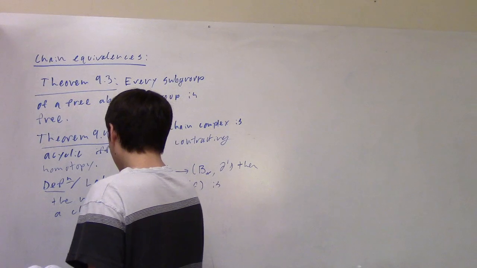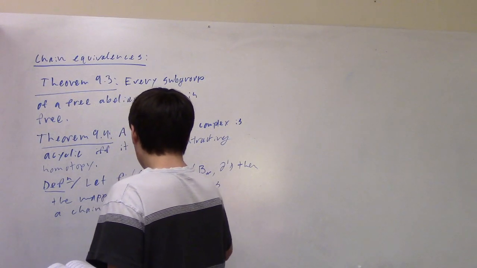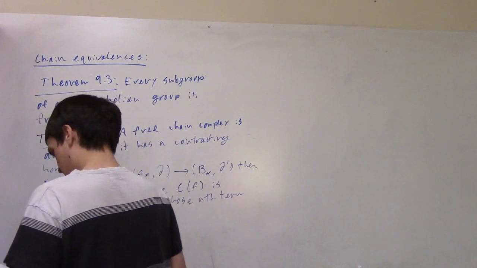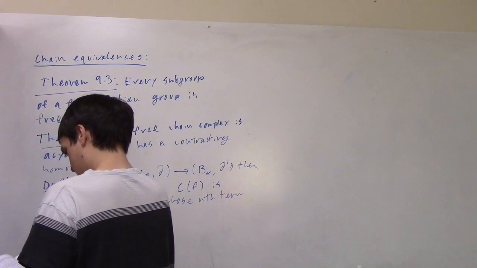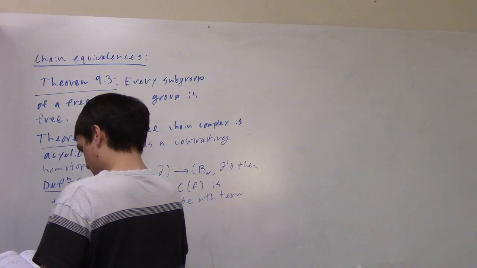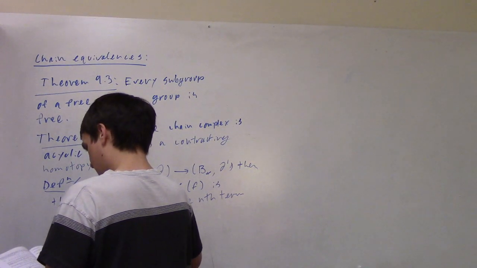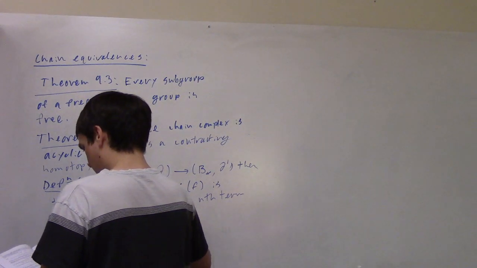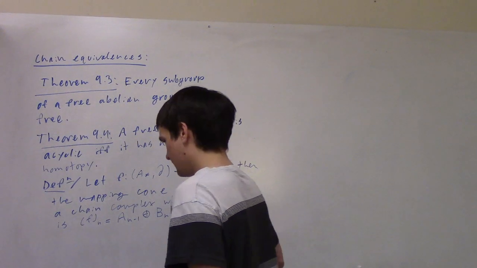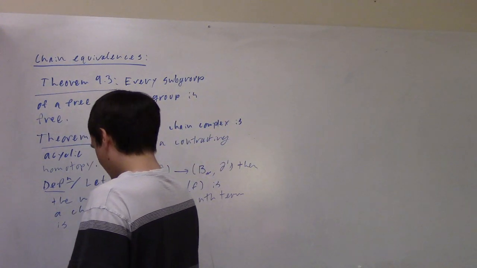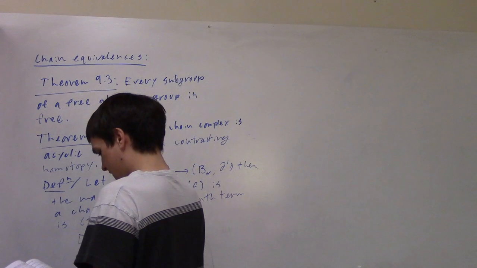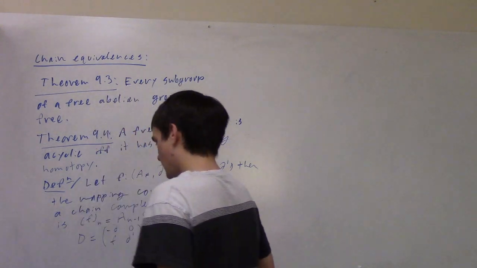But they say whose nth term is A sub n minus 1 direct sum B sub n, and whose differentiation operator, I'll just give it in matrix form because that's easier to write, is negative partial 0 f partial prime.